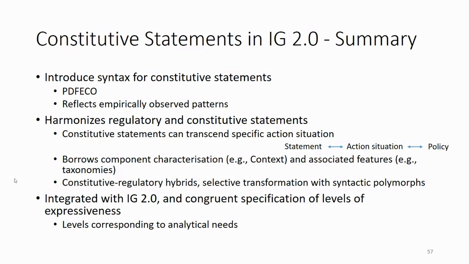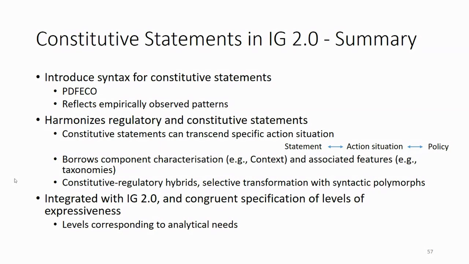And the last aspect is, of course, to do encoding as a syntactic polymorph. So the idea is that statements can be leveraged from both the regulatory side as well as the constitutive side, where analytically useful. So that's the last refinement that also aims at integrating or at least harmonizing the perspective of regulatory and constitutive statements. But it of course also invites a congruence of coding.